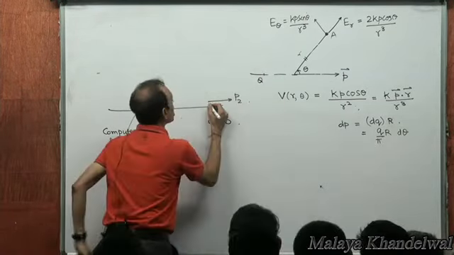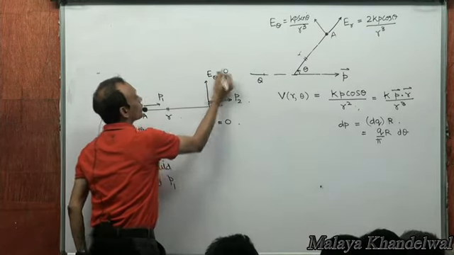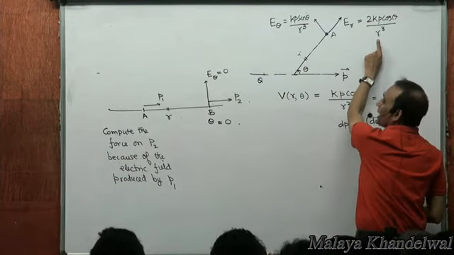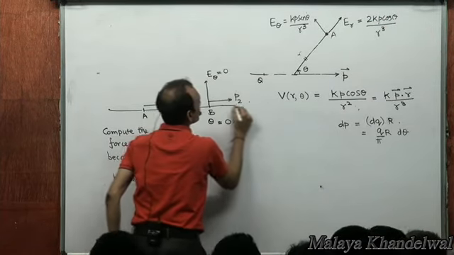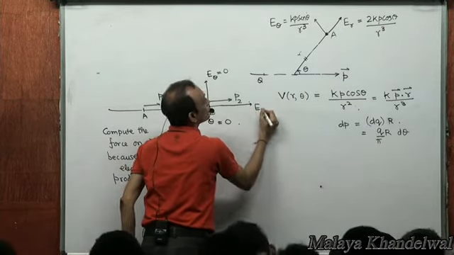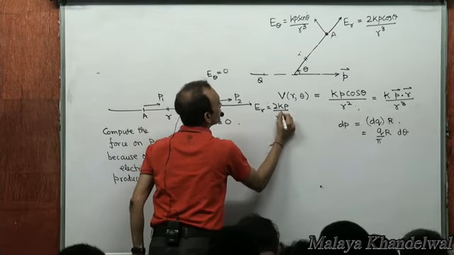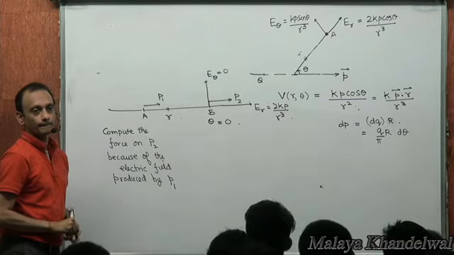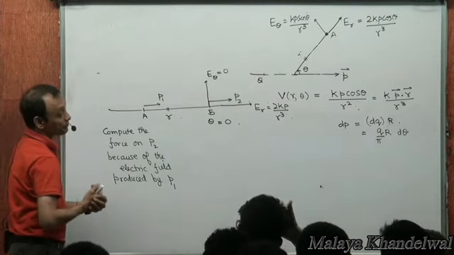And E_r is 2 kp by r cube because theta is 0. E_r is 2 kp by r cube.